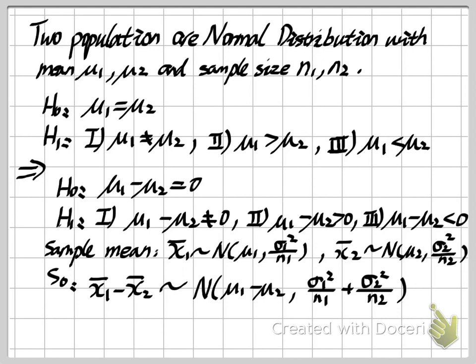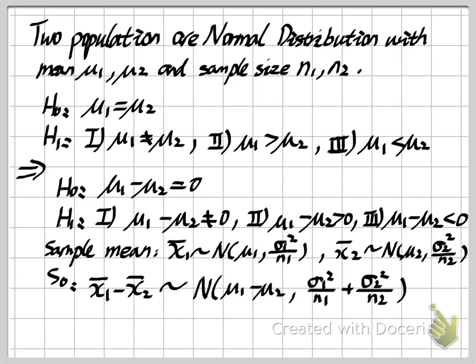The mean is mu1 minus mu2, and the variance is the sum of the two variances: sigma 1 squared divided by n1 plus sigma 2 squared divided by n2. So this is the distribution of the difference between these two sample means. Based on this information, we can start our z-test, right? Because the z-test is always with the normal distribution, and the t-test is for the t-distribution.